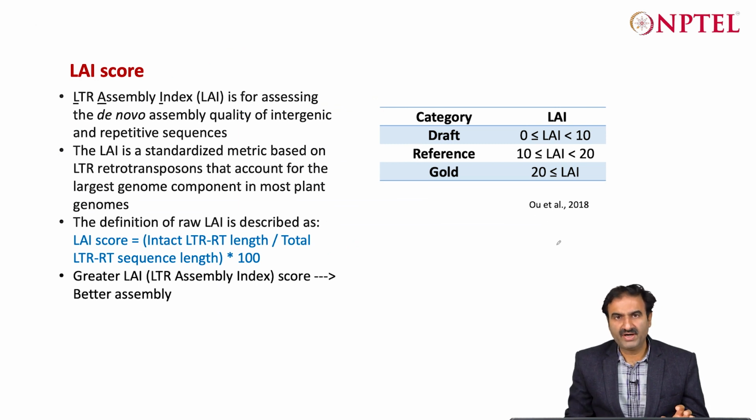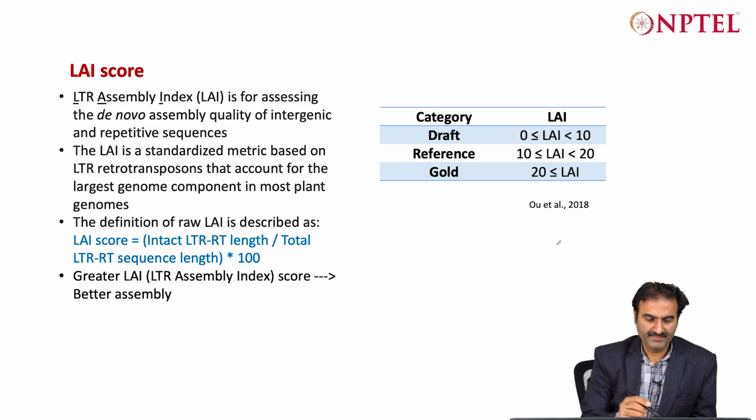There is another term called LAI score, because repeats are also important to determine. LAI score is mainly for plants because they have a high level of LTR retrotransposons. The idea is how many of those you could detect.